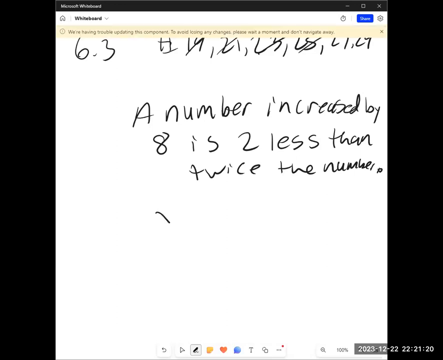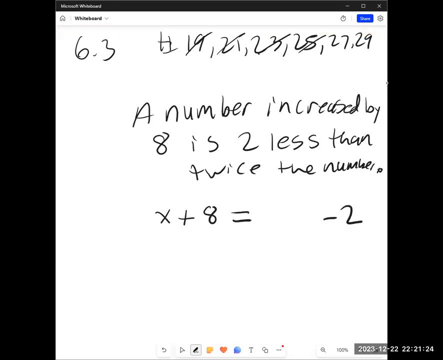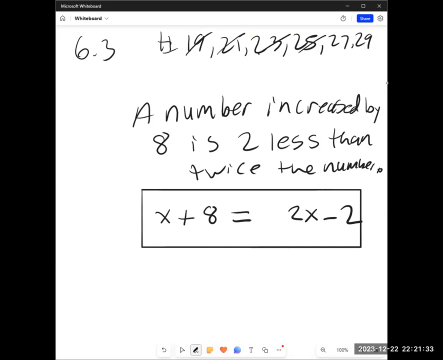So there's my equation, and we're going to solve this. So negative x equals negative 10, x equals 10.